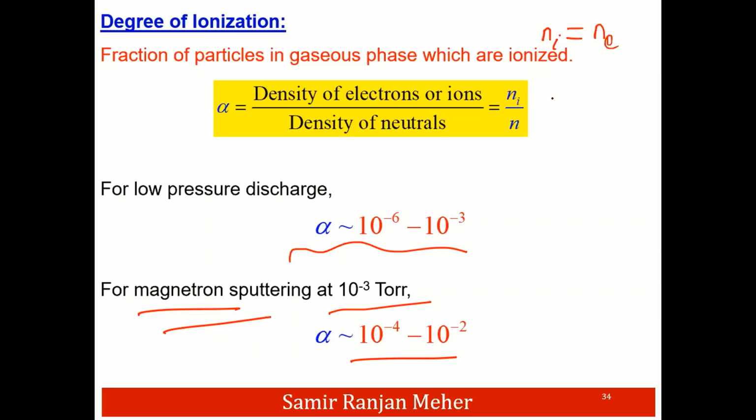So you can have this definition and see these numbers. It is basically how many electrons or ions are present inside the plasma. Indirectly, it will give you an idea about how much the atoms or molecules are being ionized.